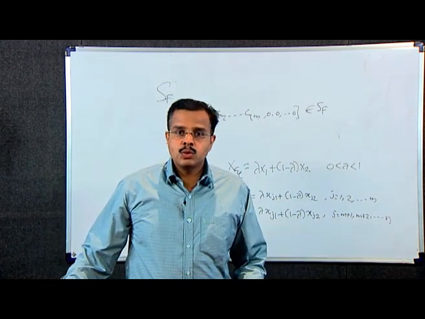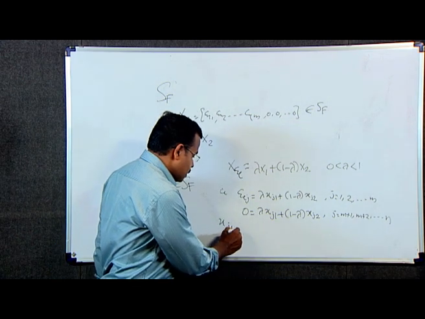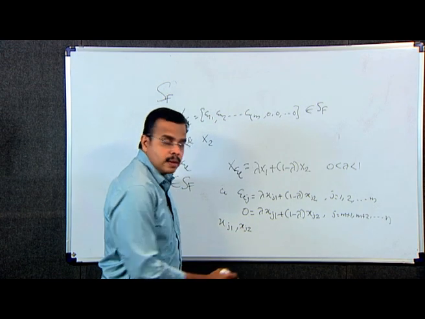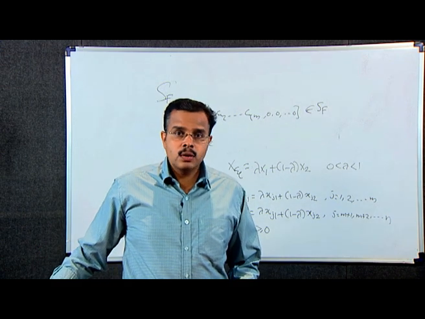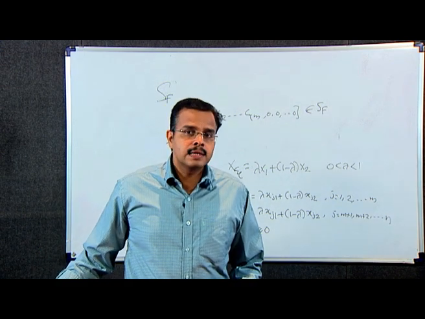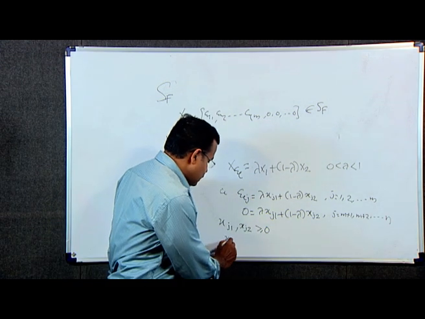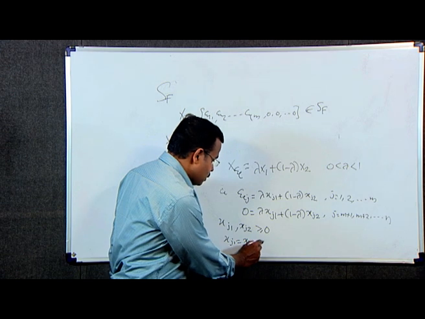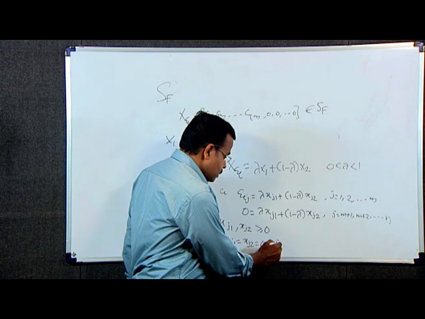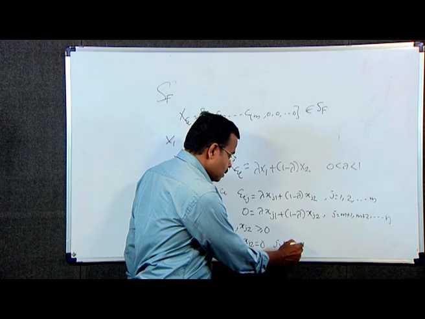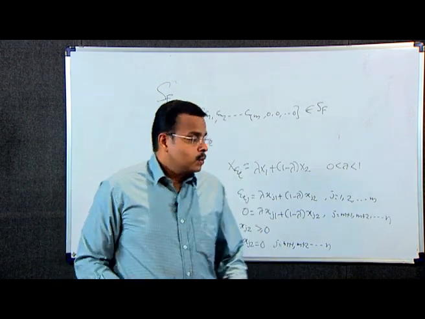Since x1, x2 belong to SF, xj1 and xj2 are greater than or equal to 0. Also 0 less than lambda less than 1, hence xj1 equals xj2 equals 0 for j equal to m plus 1, m plus 2, etc., up to n.